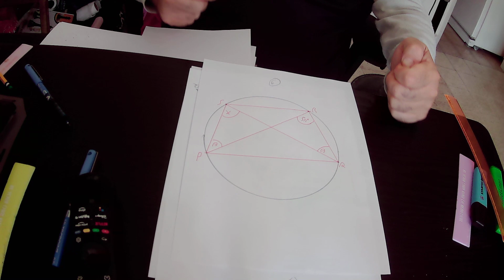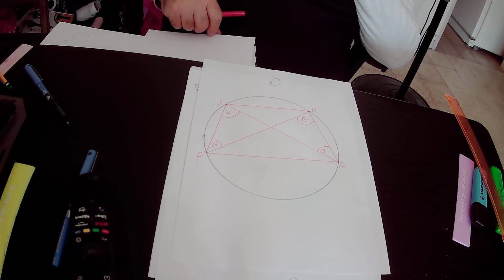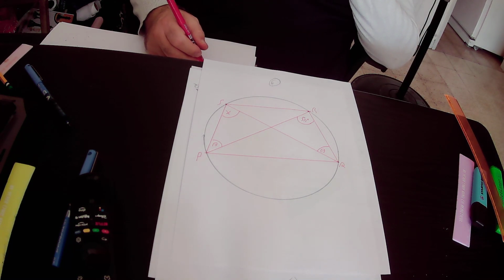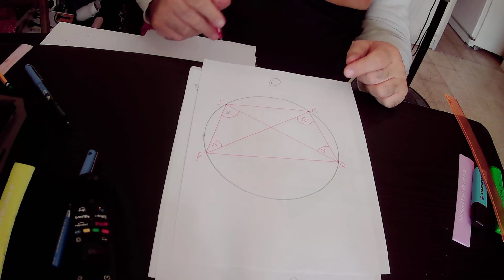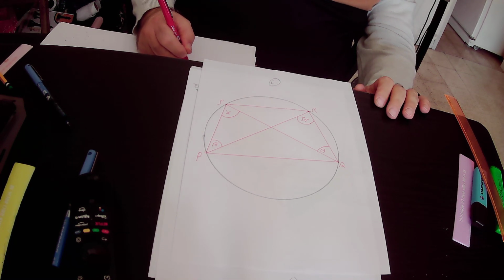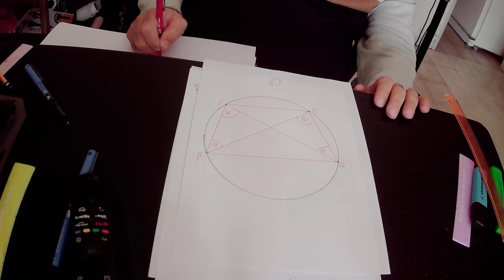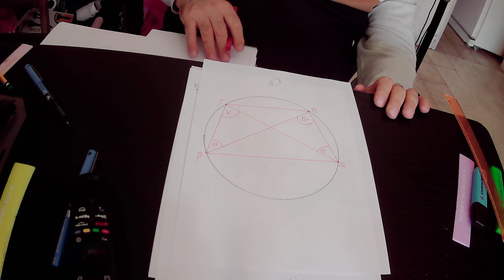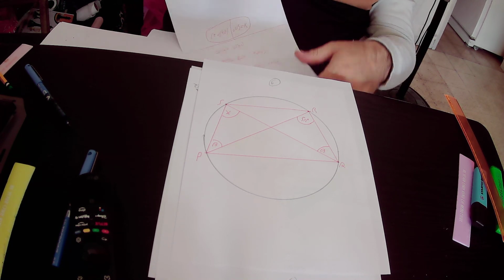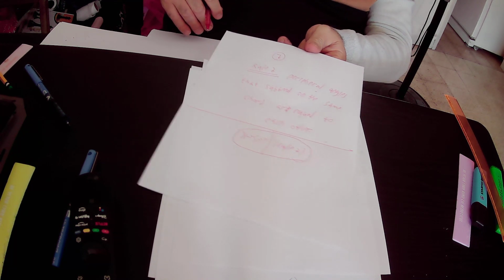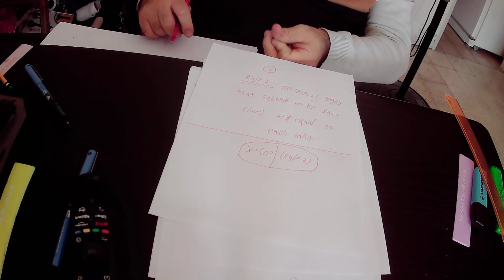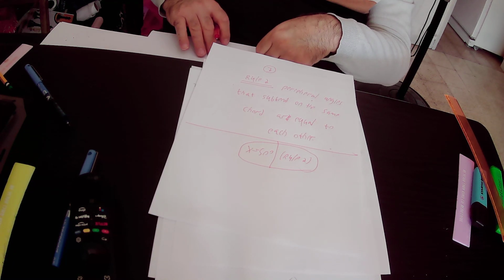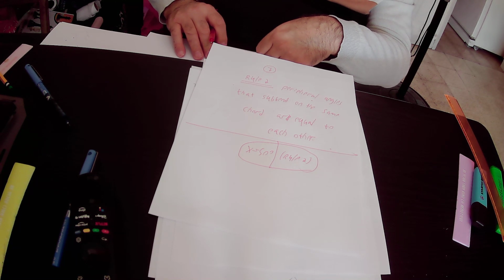Therefore, according to rule number 2, they are equal to each other. That is to say, X equals 50 degrees according to rule number 2. So we found out that X equals 50 degrees.